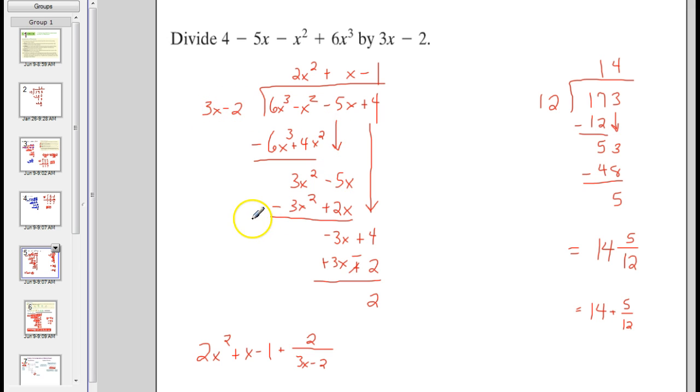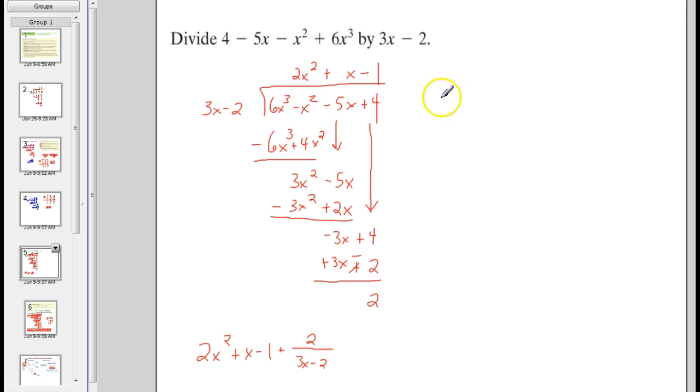So what we have to think of here is, in this problem, I have 6x cubed minus x squared minus 5x plus 4, and I'm dividing it by 3x minus 2.